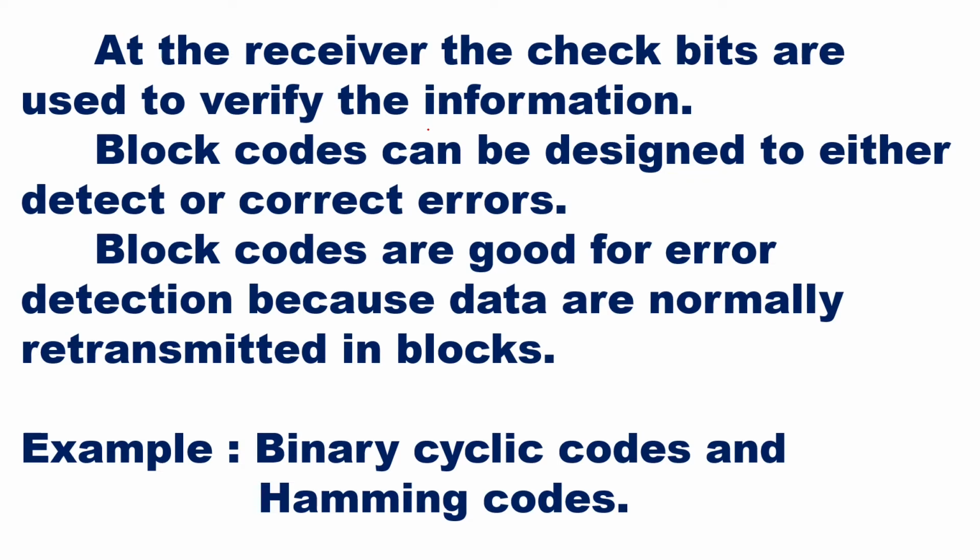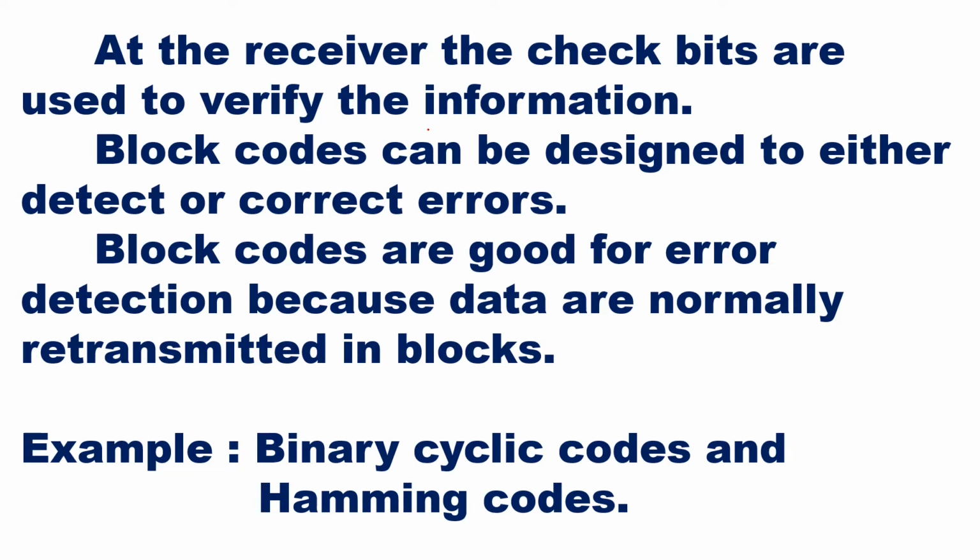So you can detect the error, and to some extent you can also correct the errors, depending on the method you use. So detection and correction both are possible, but mostly block codes are good for error detection.